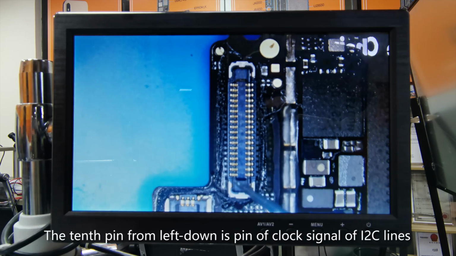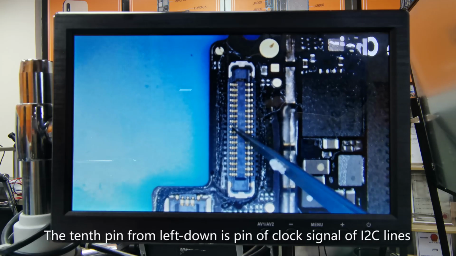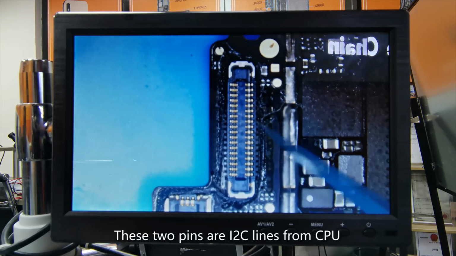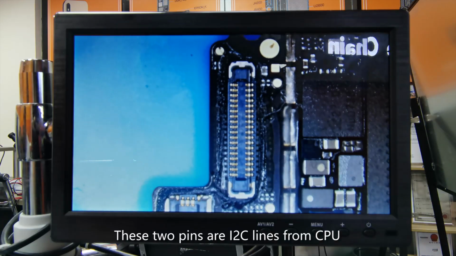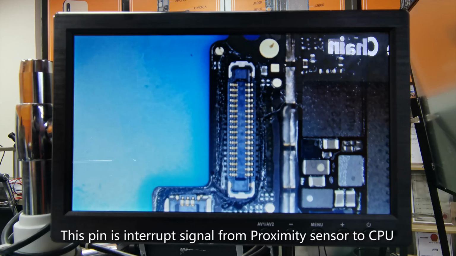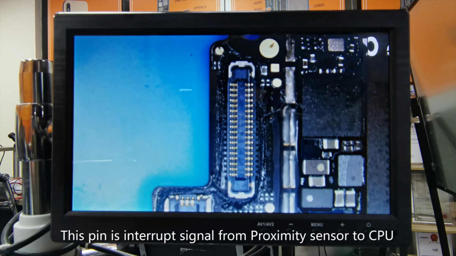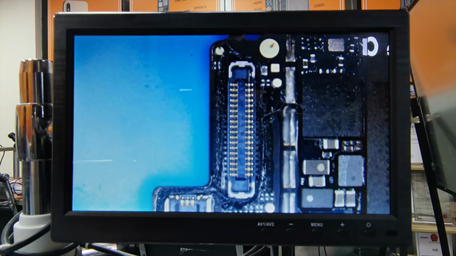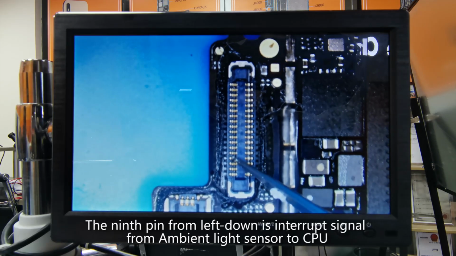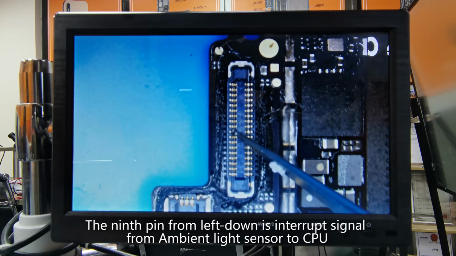The 10th pin from left down is the clock signal pin of the I2C lines. These two pins are I2C lines from the CPU. This pin is the interrupt signal from the proximity sensor to the CPU. The 9th pin from left down is the interrupt signal from the ambient light sensor to the CPU.